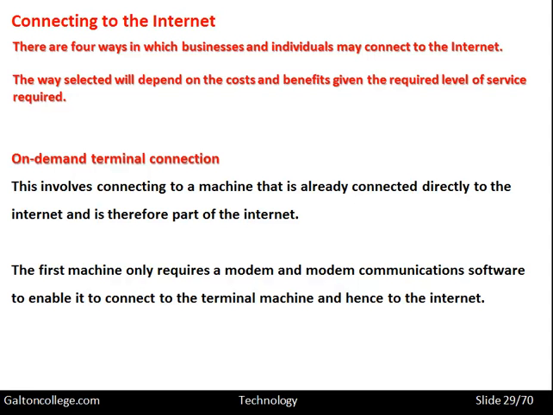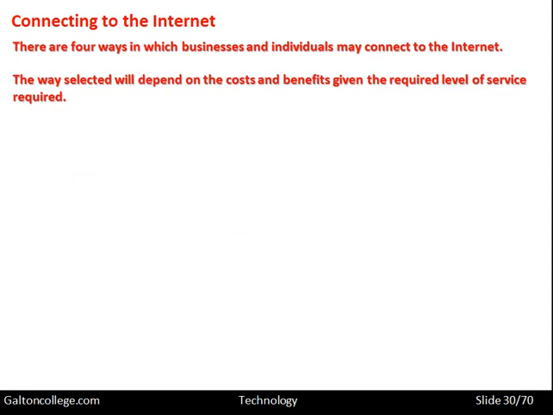So generally speaking, it's a clever way of getting a connection, but it's really only used in situations where it's economic to have the terminal. For example, in a large office building, office block, or within certain companies where there is considerable demand for this type of facility.